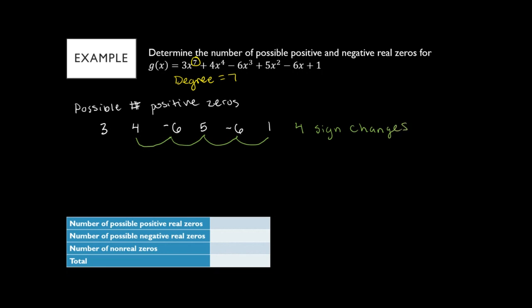These always go in pairs, so we have 4, 2, and 0 as our possible combinations. So we're going to have 3 possible combinations here, because we just keep subtracting 2 until you get to 0 or a negative. And these have to add up to 7, so I can put that in as my total.